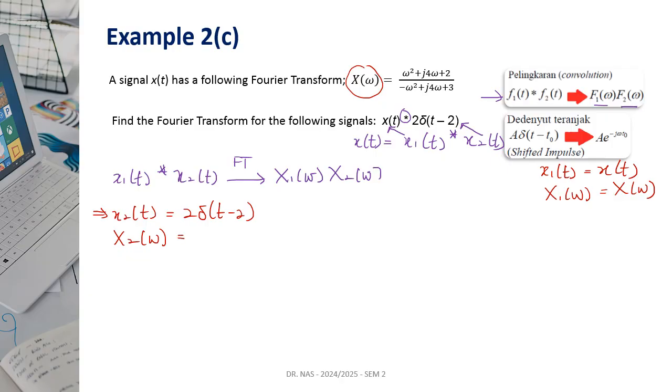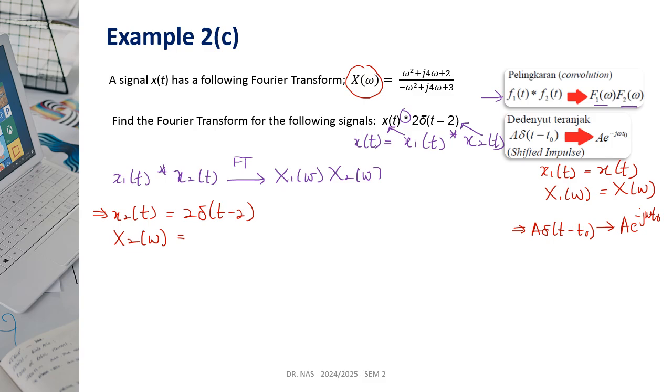When you refer to the table, for a shifted impulse, A delta(t - t naught) will produce A e to the minus j omega t naught.